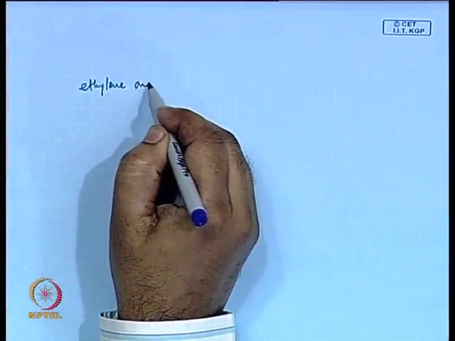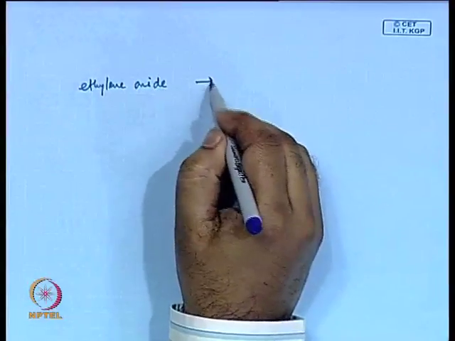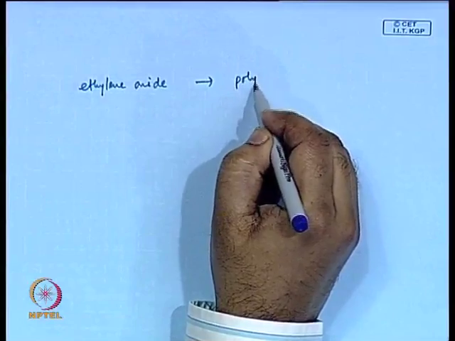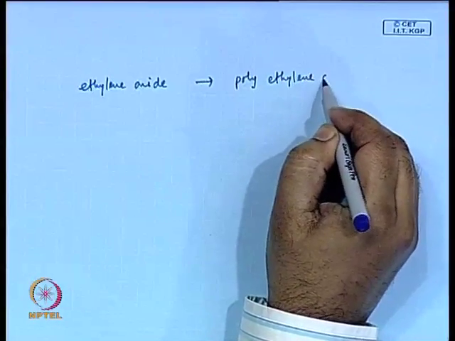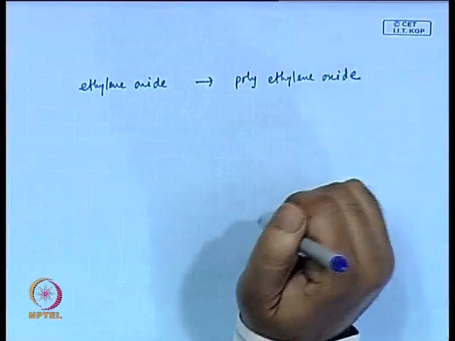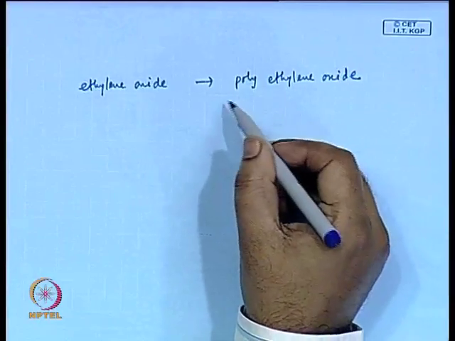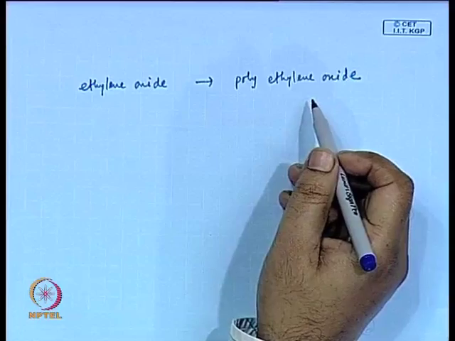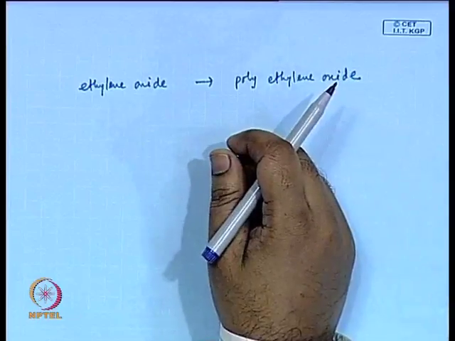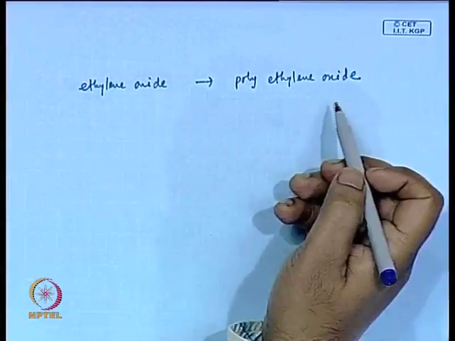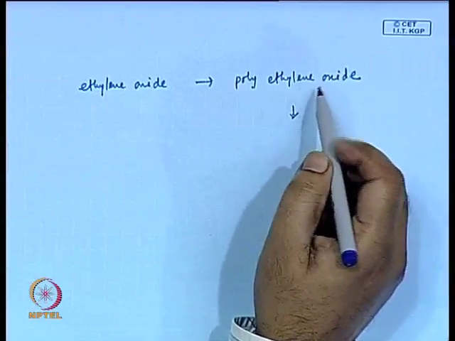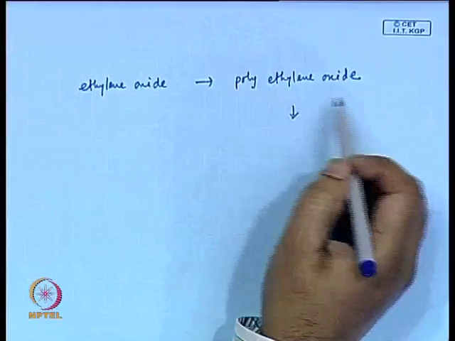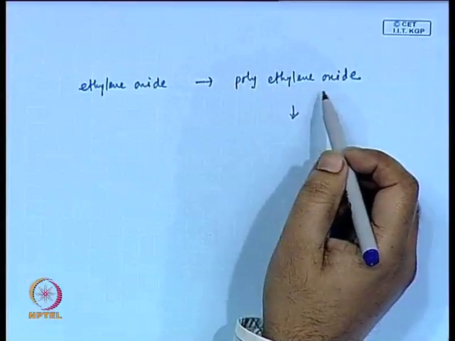And say ethylene oxide to polyethylene oxide. Now, if I write this polyethylene oxide, this might give you different structures depending upon how you represent this molecule.